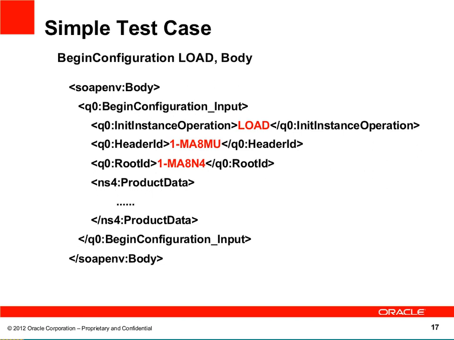We specify the quote header ID, and the root ID of the root quote line item. The root quote line item is the quote line item which has the root product. There can be many child products as well, and there can be several root products in one quote. And then followed by product data.